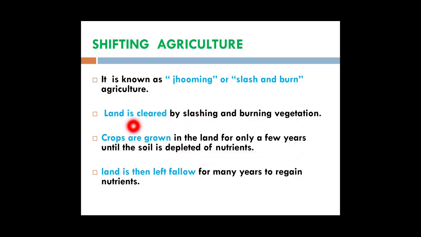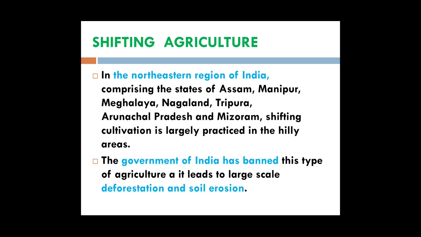So when the soil becomes infertile, they leave the land fallow and abandon it and go to the next spot. They leave the land to regain the nutrients which the soil has lost, but this area is devoid of vegetation, so highly prone to soil erosion.